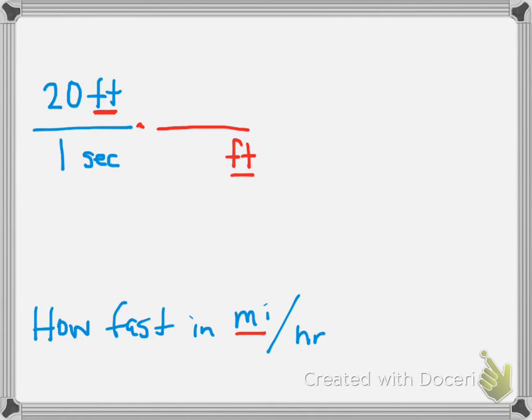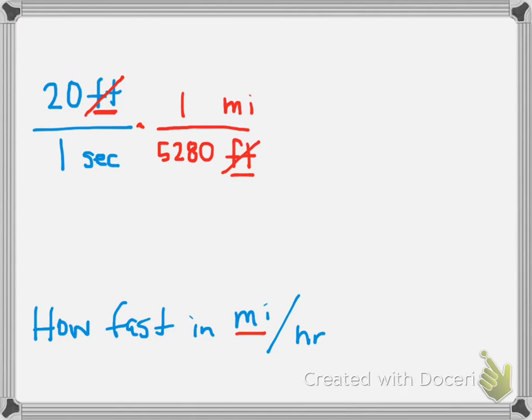I can change the feet into what I want it to be, miles, because I know that there are 5,280 feet in 1 mile. Okay, and notice that I've canceled the number of feet, and I'm left with miles. That's what I want. So I'm good so far, but there's more work to do.